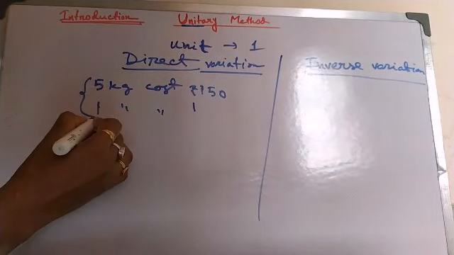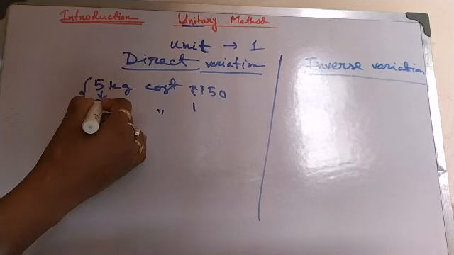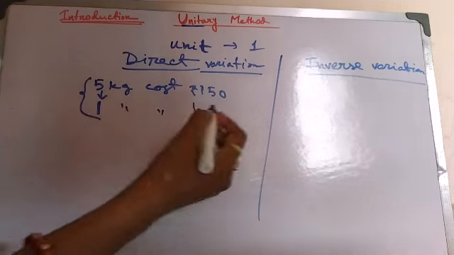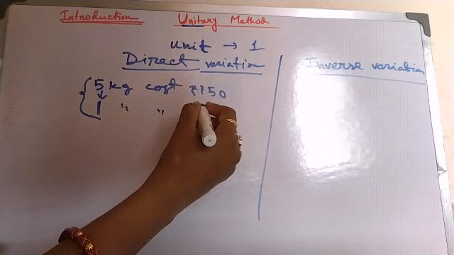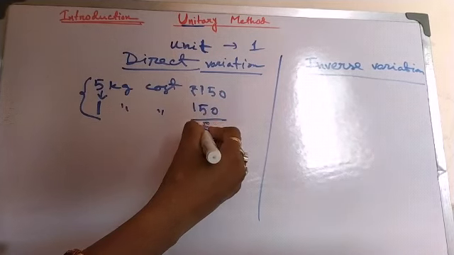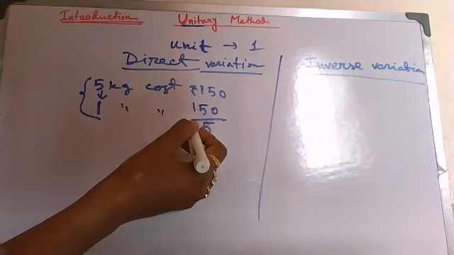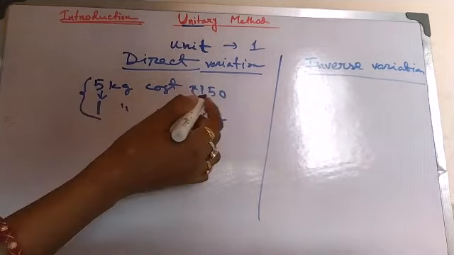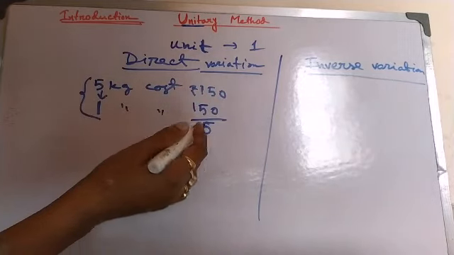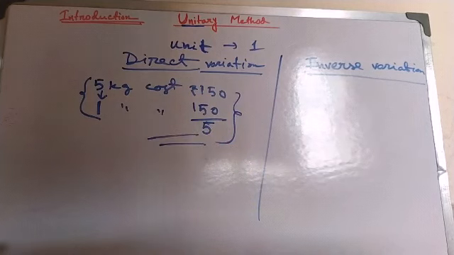Here the amount is smaller, from 5 to 1, that means I am using a lesser amount, and here also the cost will be lesser. That's why it should be divided. Obviously the cost will be lesser, because 5 kg cost 150, but 1 kg cost will be lesser. So that variation is direct variation.